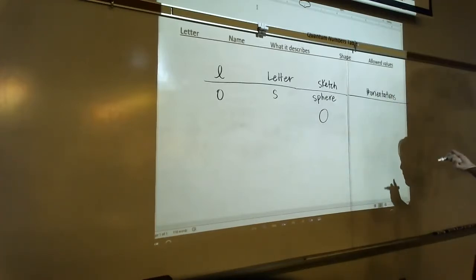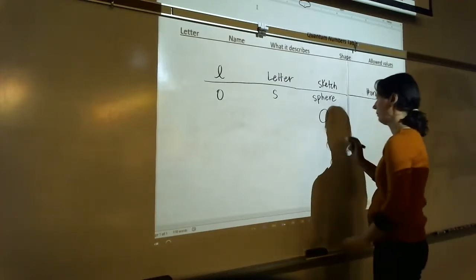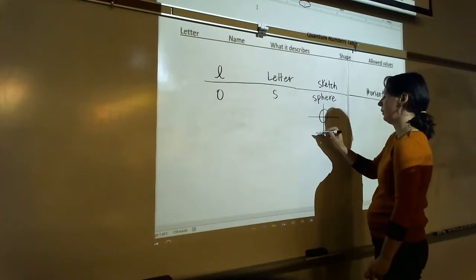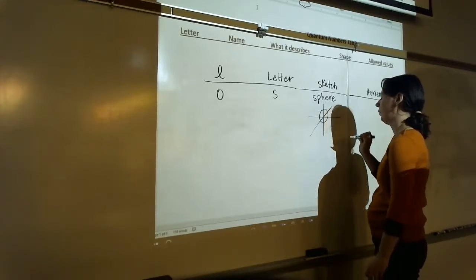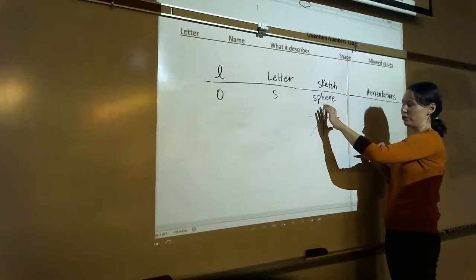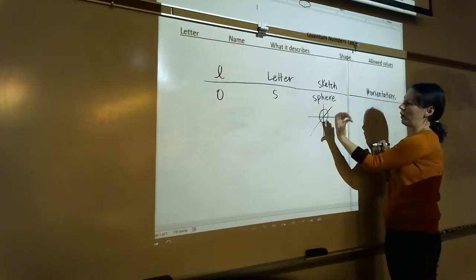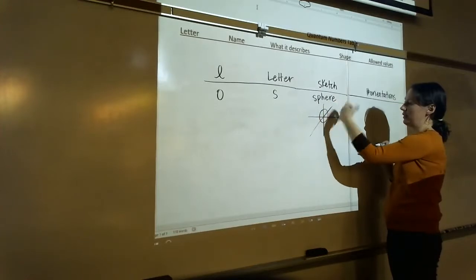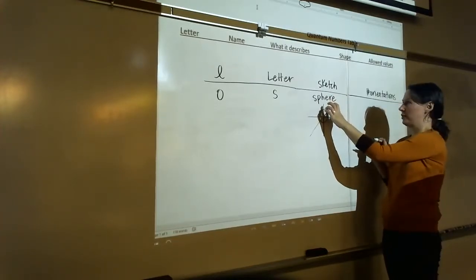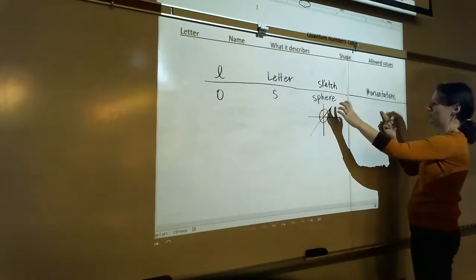So, a sphere, let's think about this. You have a three-dimensional graph, which you don't do until Calc 3, but you rotate this. You can rotate this an infinite number of ways. Is it always going to look like a sphere? Yes. So how many ways can you orient this in space? Well, there's two answers.